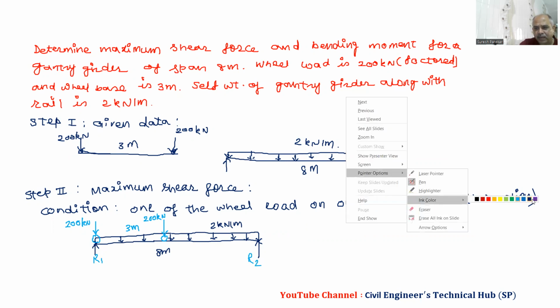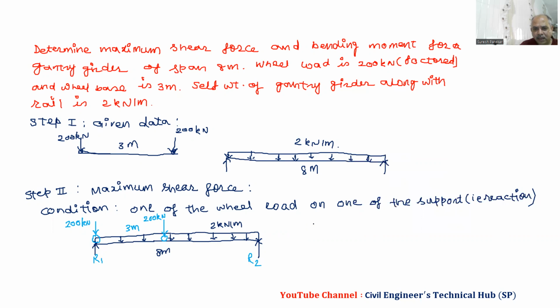So now we will take moment about R2. Moment about R2, and we will get R1 into 8 minus 200 into 8 minus 200 into 5 minus 2 into 8 into 4, which is equal to 0.